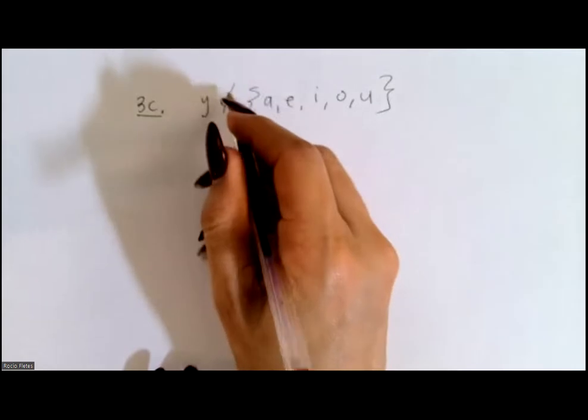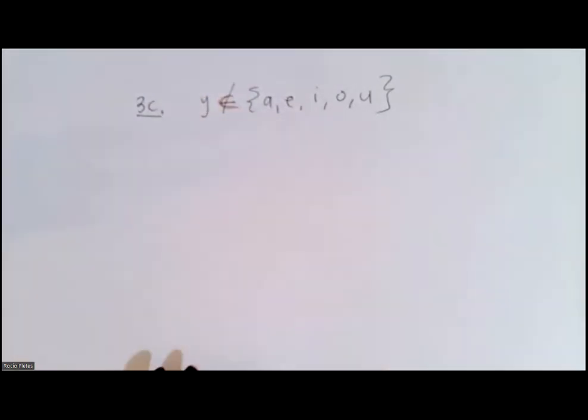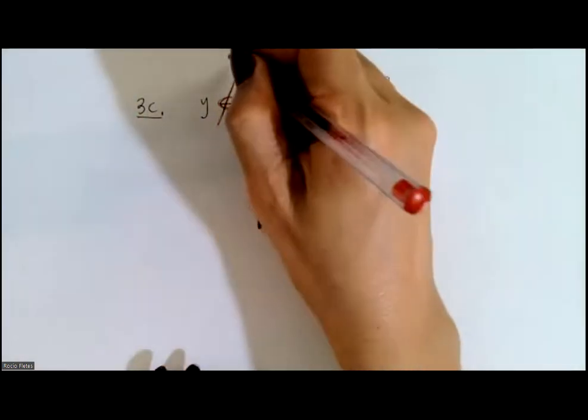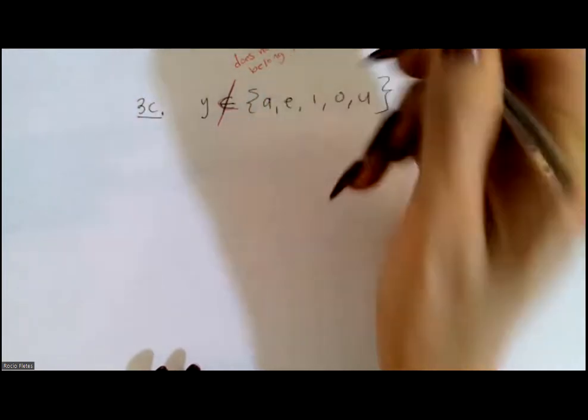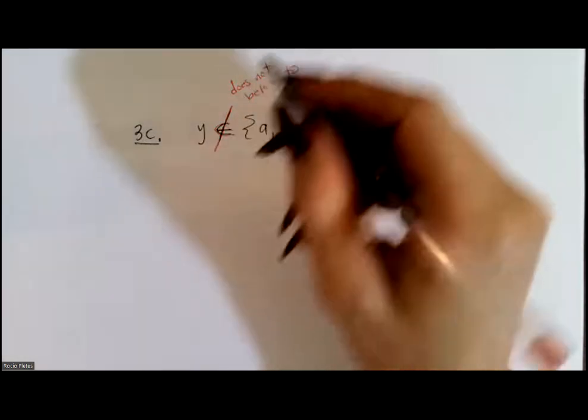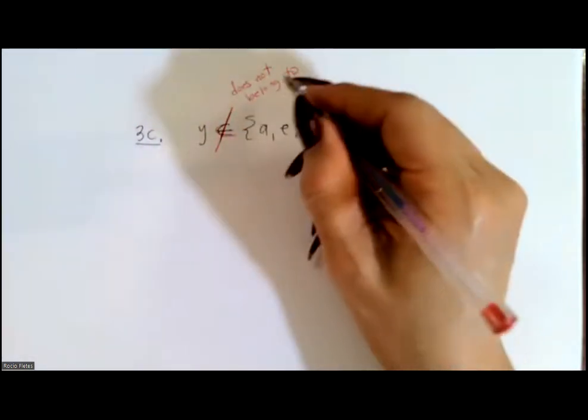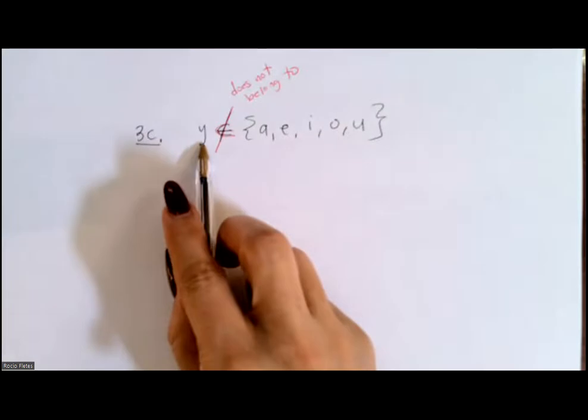Now notice that this is actually true, right? Because when you see the element symbol or the belongs to symbol with a line across like that, it means does not belong to. So this means does not belong to or is not an element of. That's another way to say it, it also means is not an element of. So this is actually true, right? Because Y does not belong to that set.